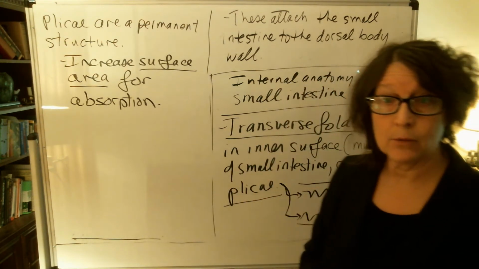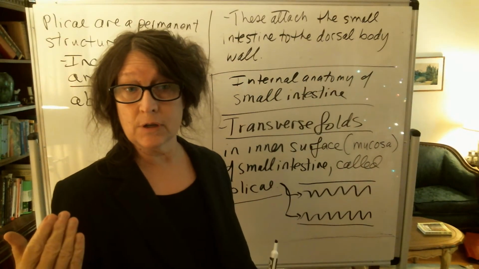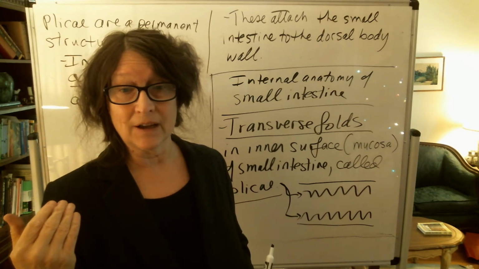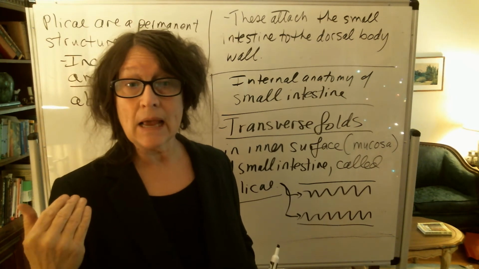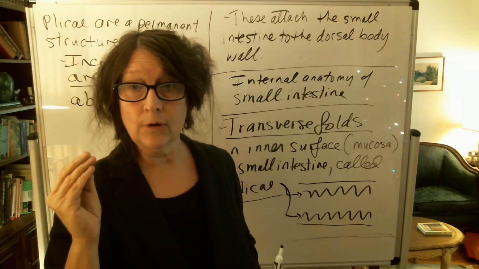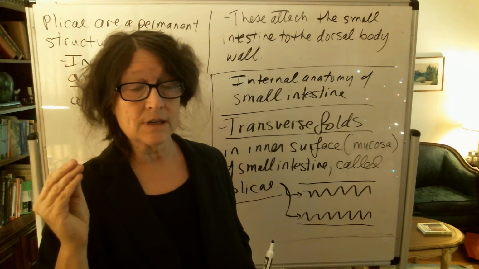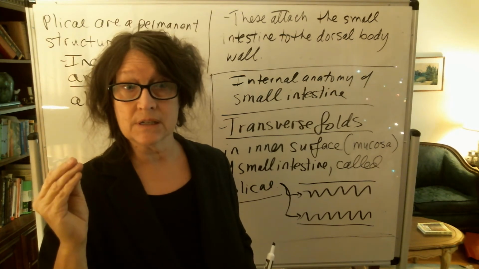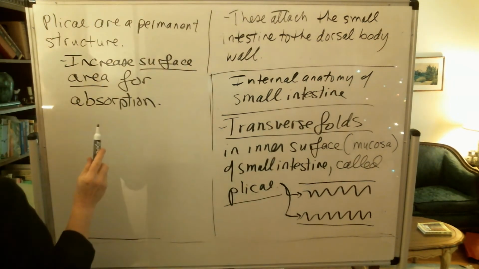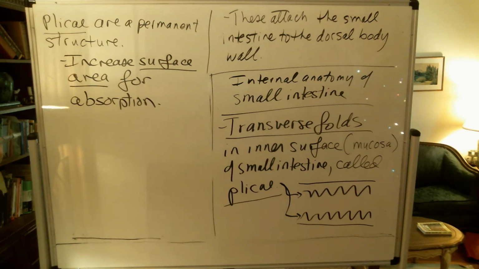And that's what's happening with the plicae, because we need that surface area for absorption of nutrients. Space is limited inside our abdominal cavity, so we have to make the best use of it that we can. So as a result, we have all of these little structures that allow for more surface area in our small intestine for absorptive purposes. So, as I said, we have the plicae there to help with that.